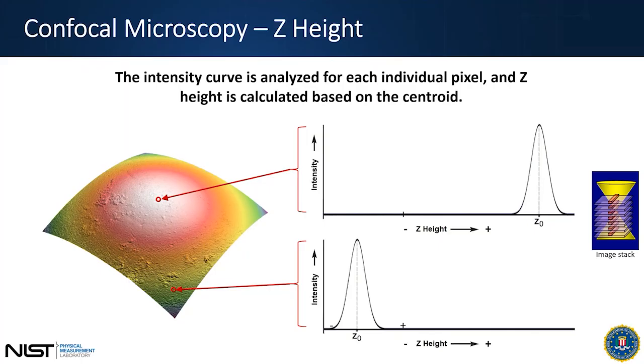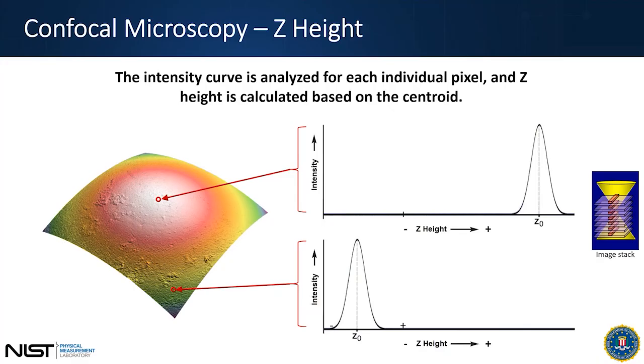And at the lower portion of the sphere on the left here, you should see intensity at a lower Z height. And at every single pixel on your sensor, you're doing this computation. And that's how you reconstruct what that 3D surface looks like. And these things have really high resolution. We're talking sub-micrometer, sometimes even nanometer resolution as you're scanning through, which is why you get such nice, pretty, and resolute images.